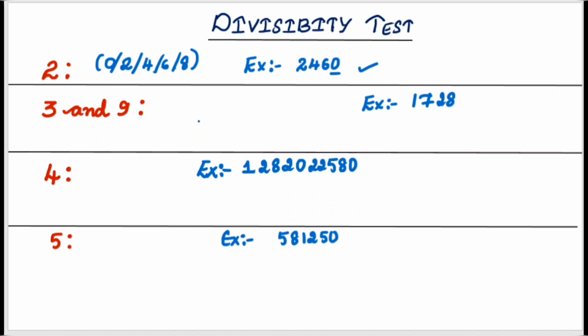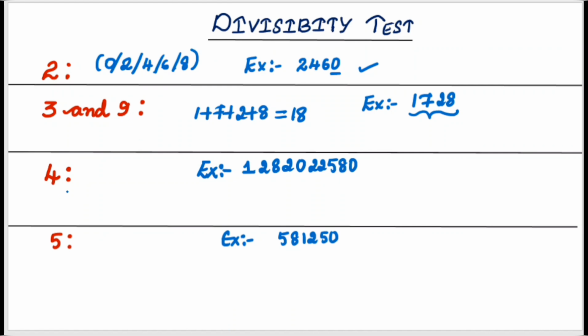Summing all the digits, 1 plus 7 plus 2 plus 8: 8 plus 2 is 10, 10 plus 8 is 18. 18 is divisible by 3, which means this number is completely divisible by 3. The same set of rules follows for the number 9 as well.